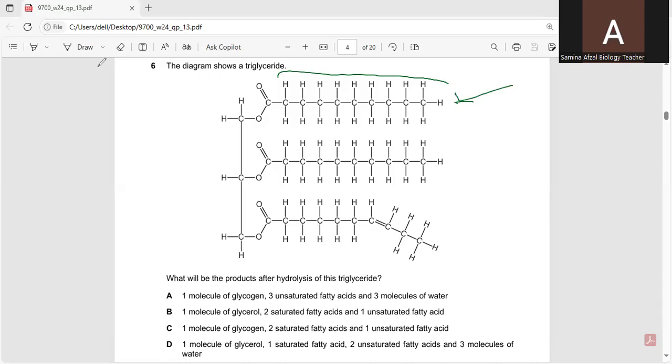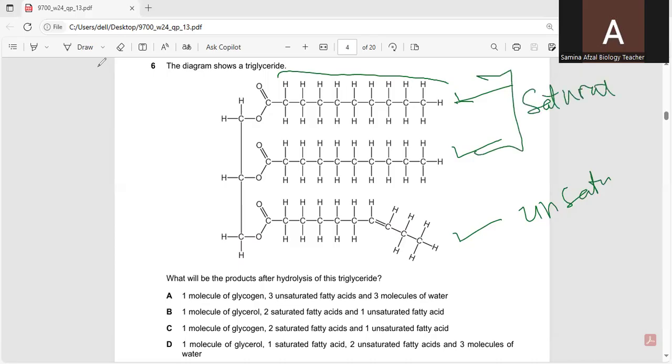This is a saturated fatty acid. It does not have a double bond or triple bond inside it. So it is also a saturated fatty acid. Again, it does not have, so this is the unsaturated one, and both of these are saturated fatty acid chains. So this is the 1 glycerol molecule.